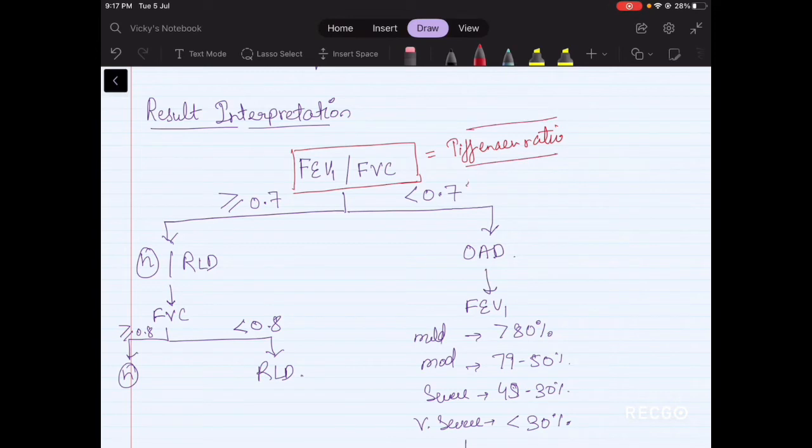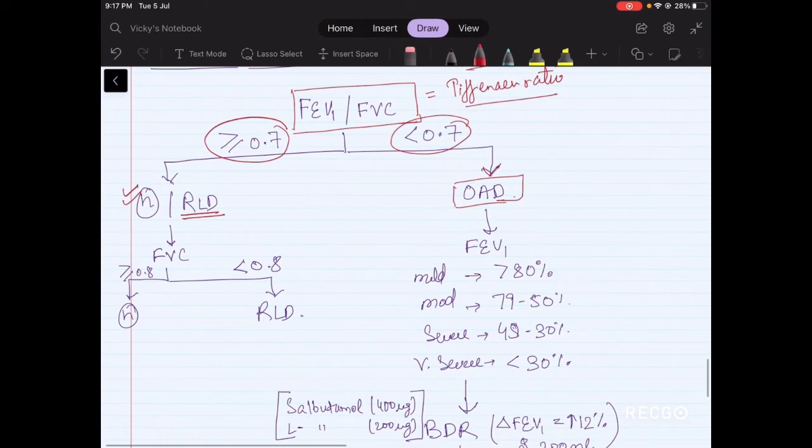So if it is less than 0.7, then we assume that the patient is having obstructive airway disease, and when it is more than or equal to 0.7, then either the patient can be normal or he can be having restrictive lung disease, right? So you have to remember that in obstructive airway disease we make use of FEV1 in calculations, right? While in case of restrictive lung disease we make use of FVC, forced vital capacity.